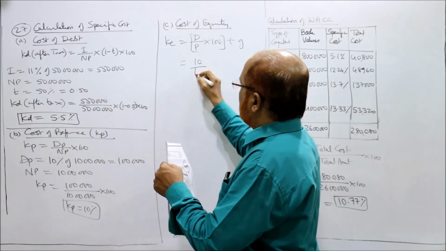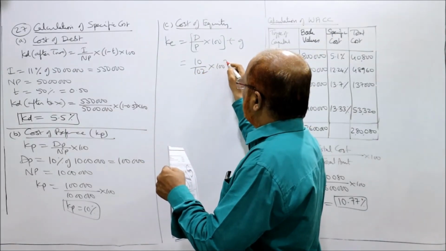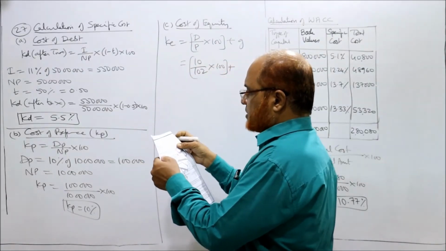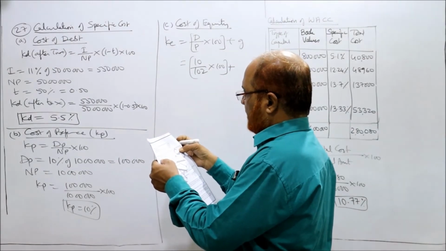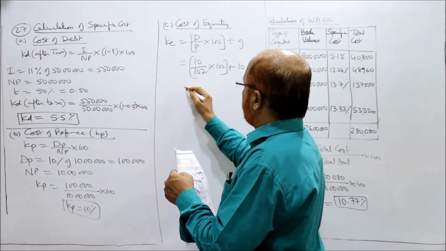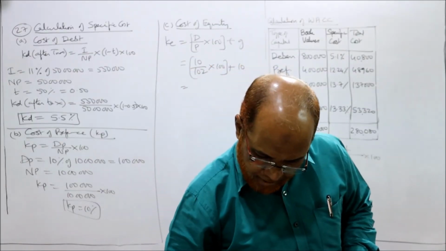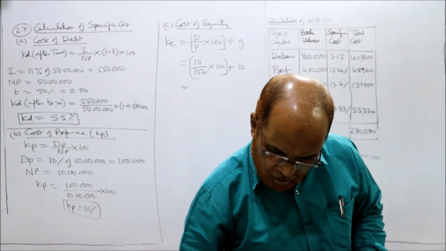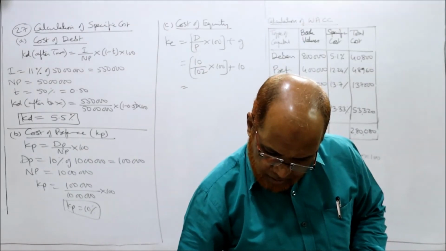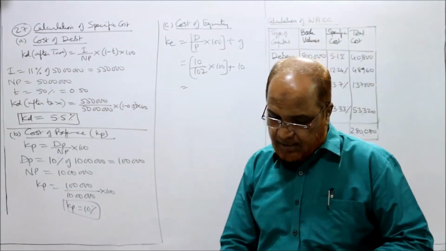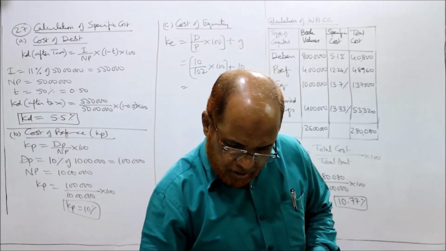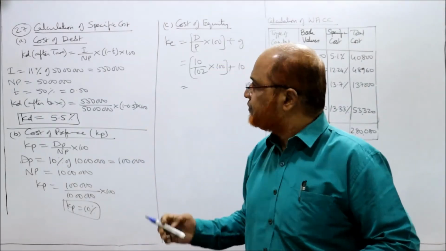Market price per share 102. Plus growth rate. The growth rate is given in the problem at 10%. Divided by 102 into 100 plus 10. 19.80.